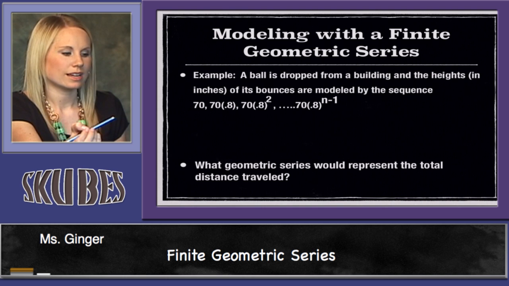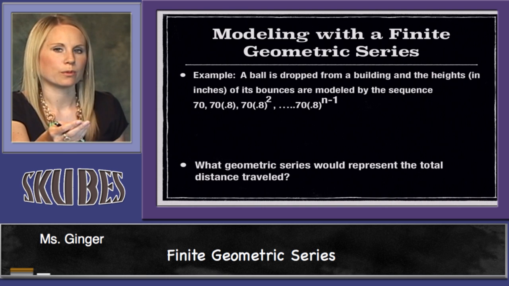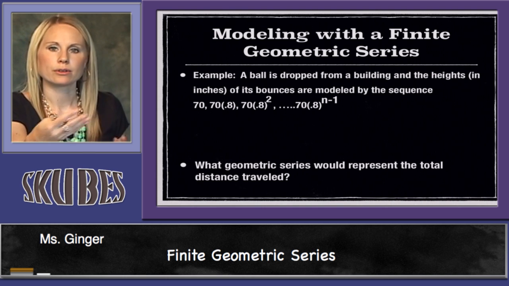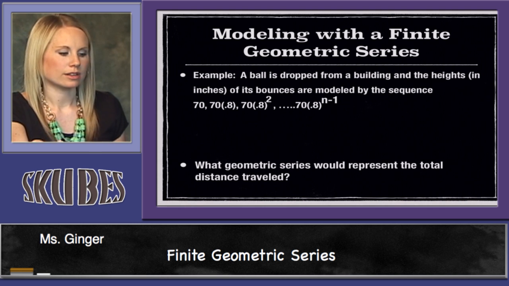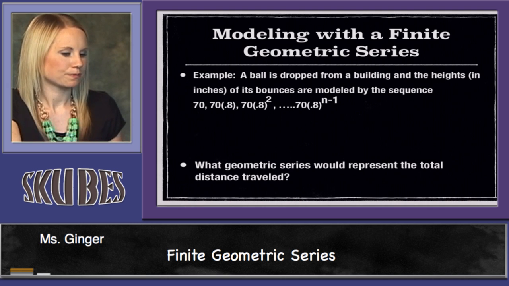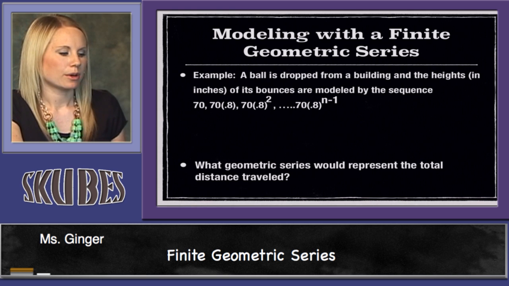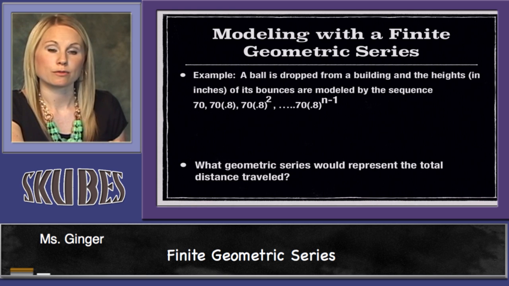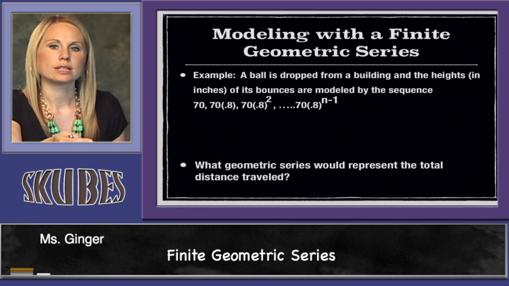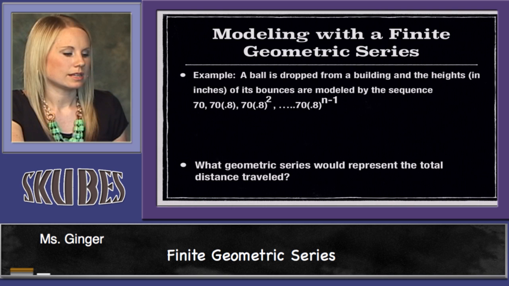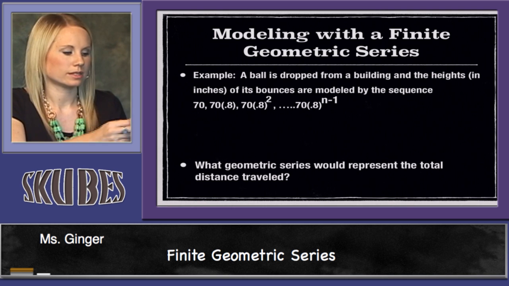All right, now we're going to take a look at an example problem where a situation is being modeled by this formula and see if we can use that to find the answer to the question that they're asking us. Okay, so suppose that we have a ball that's dropped from a building and it's going to hit the ground and start bouncing until it comes to a rest, and we can see that we're given the sequence that models this scenario.